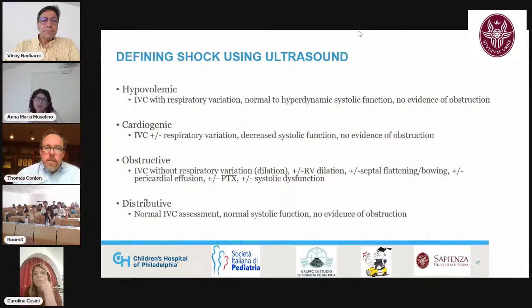So each of these definitions of shock, hypovolemic, cardiogenic, obstructive, and distributive, are amenable to ultrasound interrogation. And again, placing them into the clinical context may modify what you do for your patient and, in time, may improve their outcome.